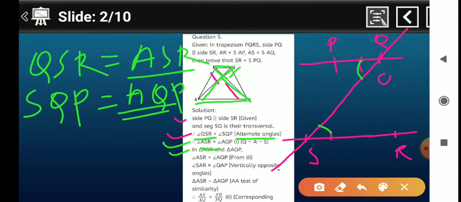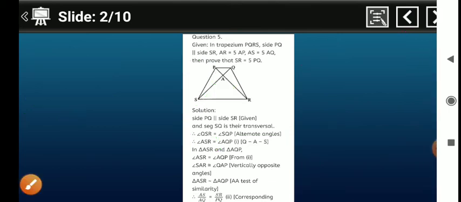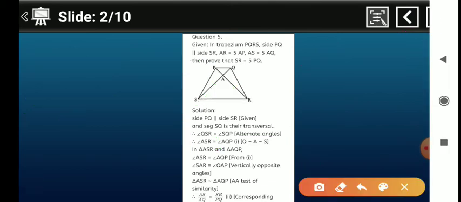So we have to consider these two triangles separately and see by which test they are similar. We already proved that angle ASR is congruent with angle AQP.